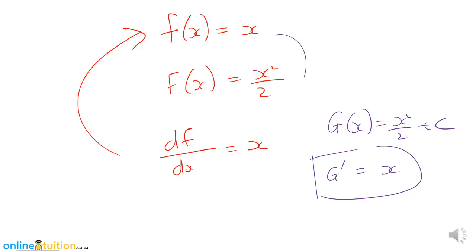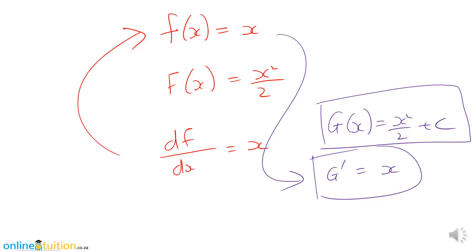So now what I'm claiming is I have a family of functions whose derivative is x, as long as that constant is arbitrary. So for different values of the constant, I'm just going to produce a family of curves. And you can see straight away what that curve is. If I had to ask you to plot x squared over 2, it's a parabola centered at the origin.